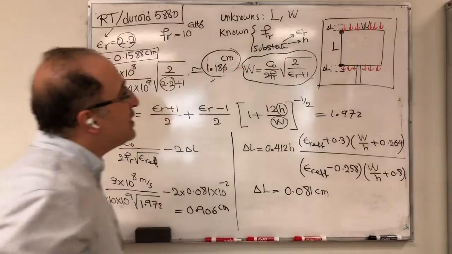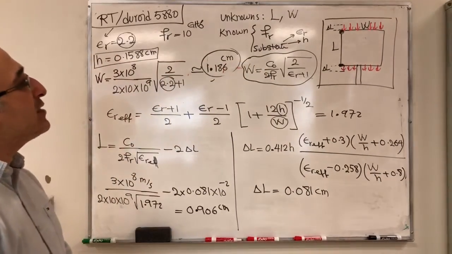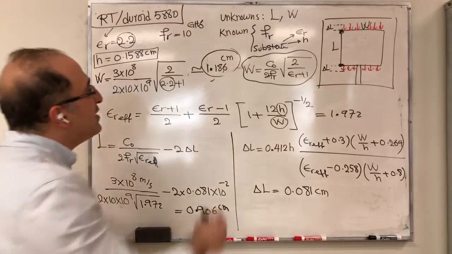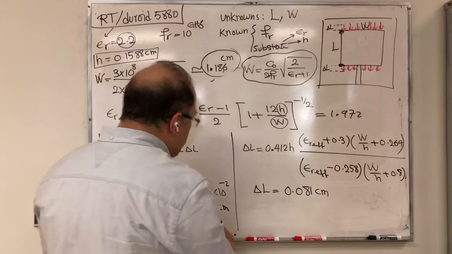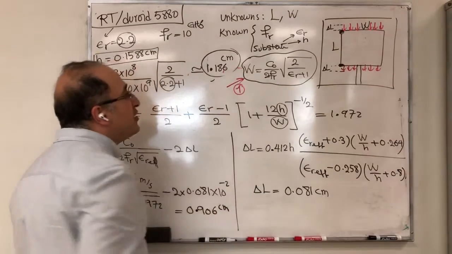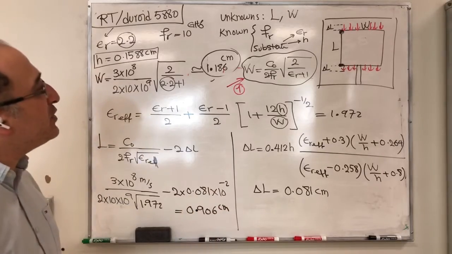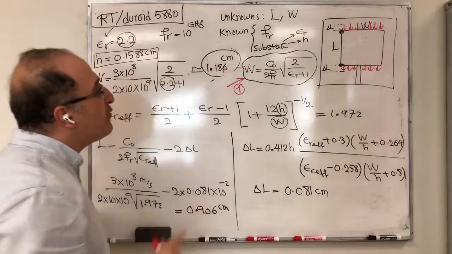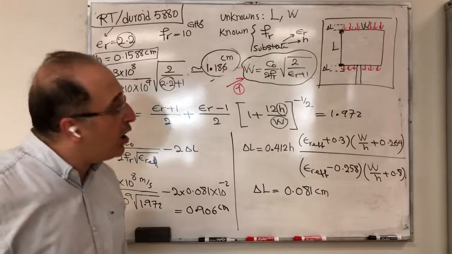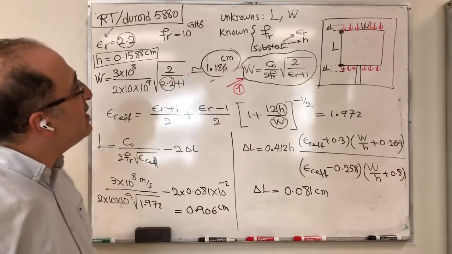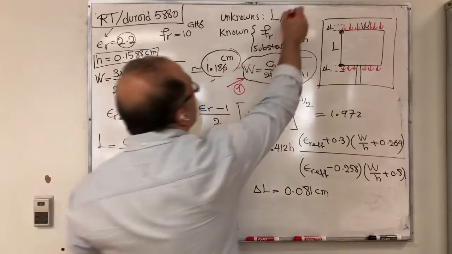And there are other ways of feeding this that are going to be discussed in the next lecture. So to start, this is the first equation. The first equation is to use this equation to have a good radiation efficiency, and this only uses epsilon_r of the substrate. It's not effective, just simply epsilon_r of the substrate. That's your first equation. After you're done with this, you know your W.